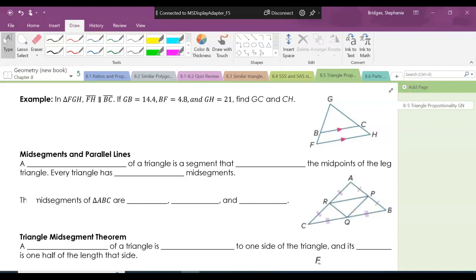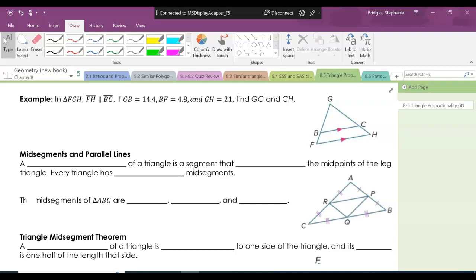Then it says BF is? Okay, and then GH, so that's the whole side here, is 21. Everybody okay with that? Now here's where it gets a little tricky. They want me to find both GC and CH, correct?